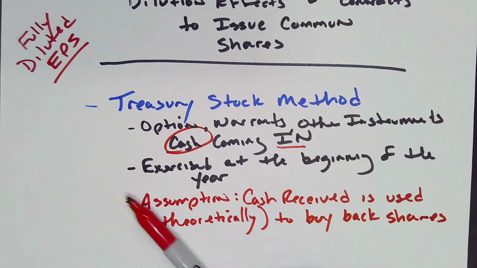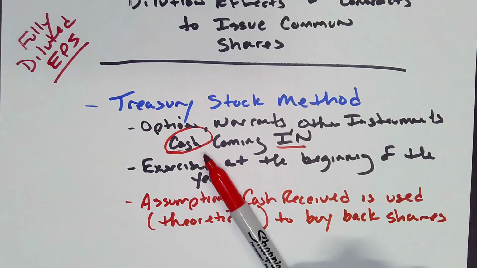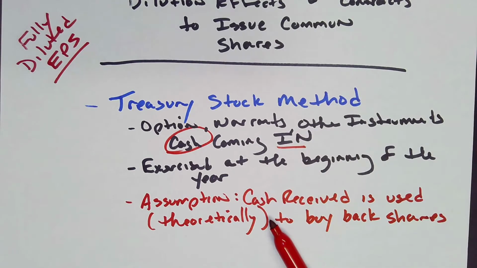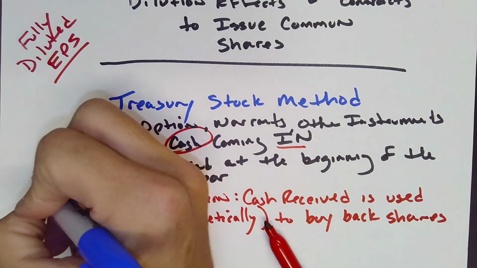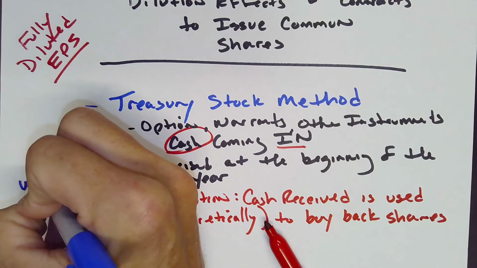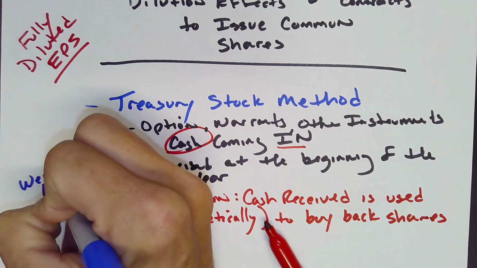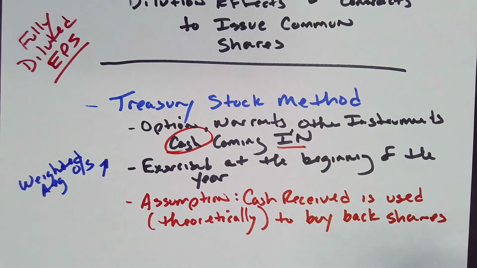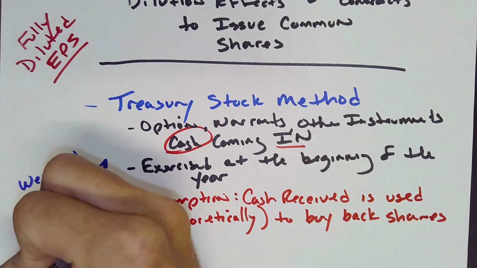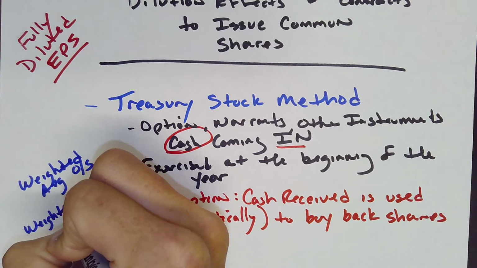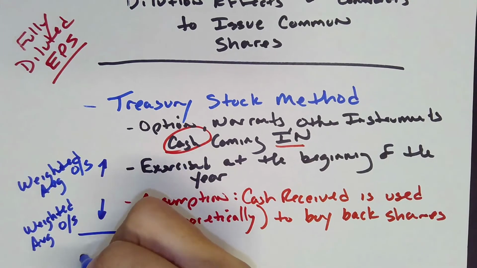Okay? Whew. So here I have to assume that I am issuing the shares, and then whatever cash I get, I have to assume that I'm buying back shares. So here, this is going to increase weighted average shares outstanding. And then this assumption is going to decrease the weighted average shares outstanding. And so what we're looking for is whatever the net is.